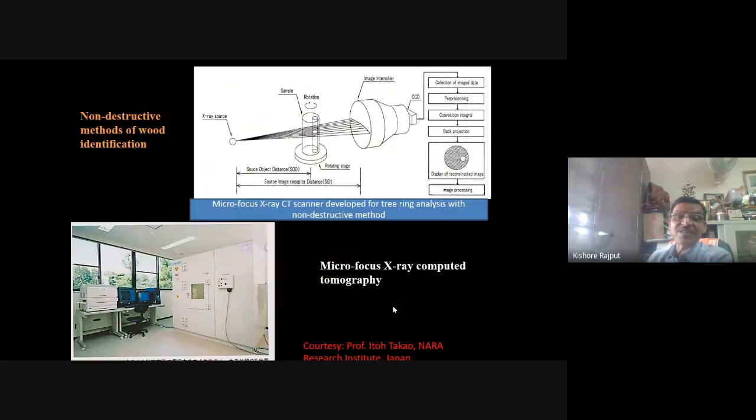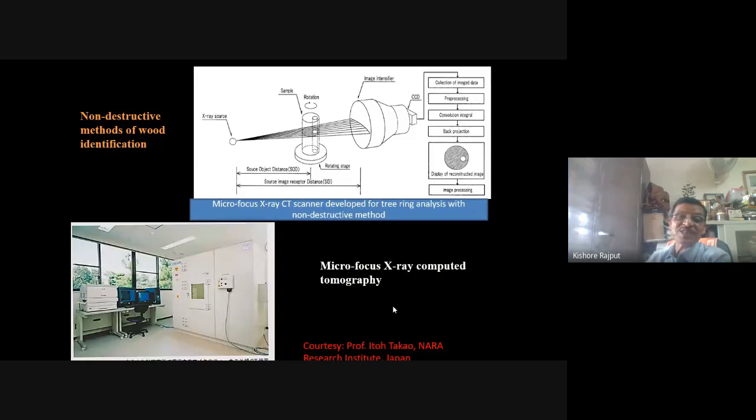Now I'll come to the non-destructive method. Here you are not cutting or getting a sample from the statue. The only thing is you should have permission to bring the whole statue, or the capacity to carry the whole instrument to the museum.